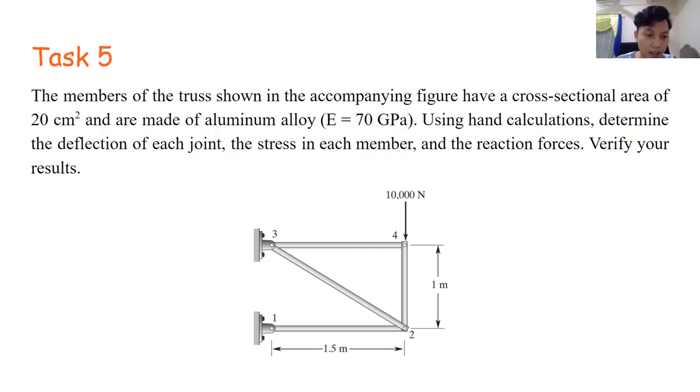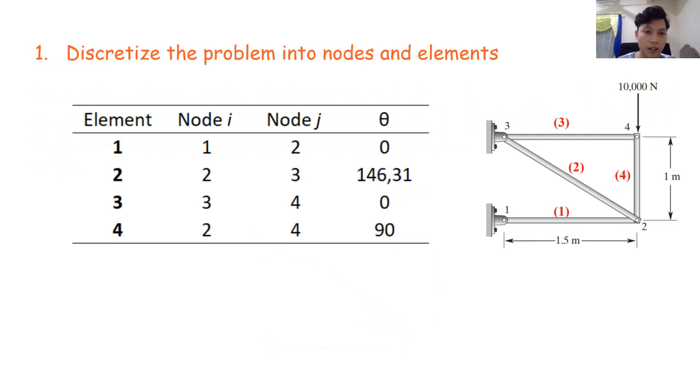As we can see in this case, there are 4 elements, each of them consisting of 2 nodes. Element 1 consists of node 1 and node 2. Element 2 consists of node 2 and node 3. And this is theta.